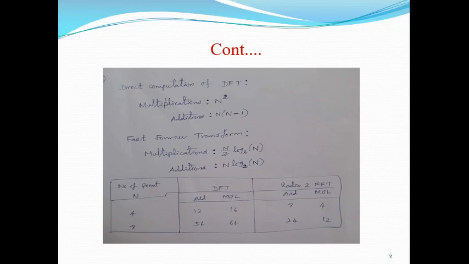For example, we have 8 samples in a given discrete time sequence x of n. The computation in the direct discrete Fourier transform method involves 64 multiplications and 56 additions. At the same time, the fast Fourier transform algorithm involves 12 multiplications and 24 additions.